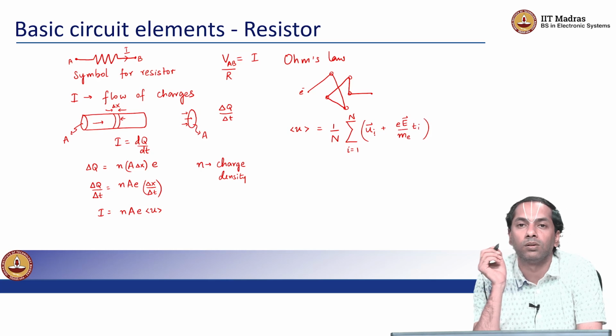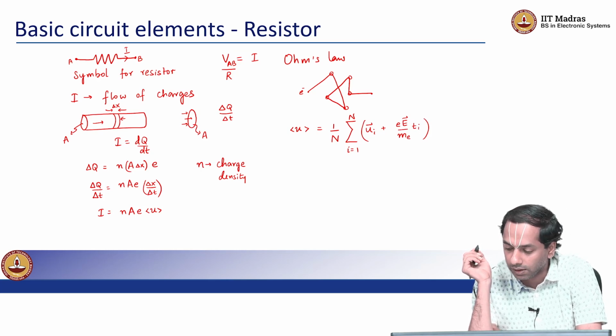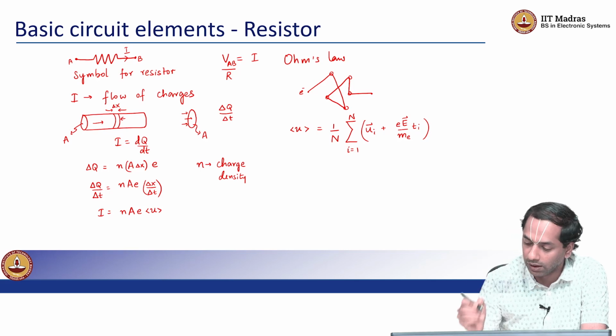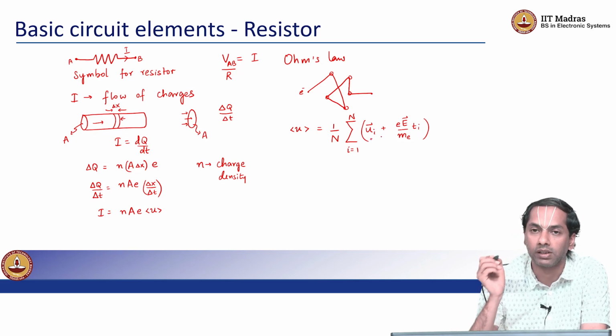Okay. So, this is your famous equation of motion, where ui is the initial velocity.